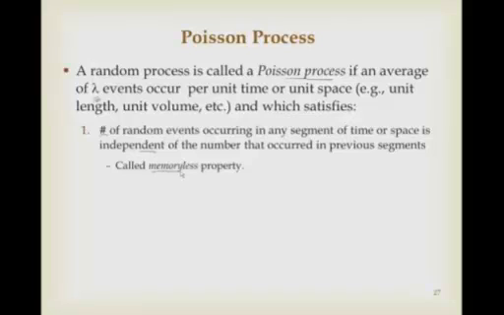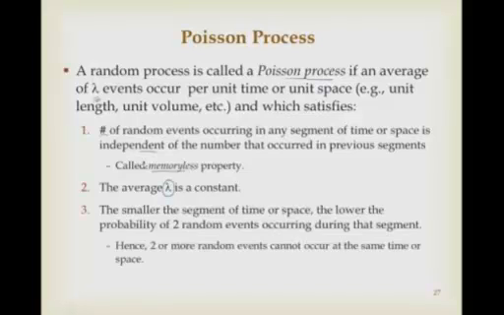It's called the memoryless property. So the average lambda is a constant, and the smaller the segment of time or space, the lower the probability of two random events occurring during that segment. So two or more random events cannot occur at exactly the same time or space.